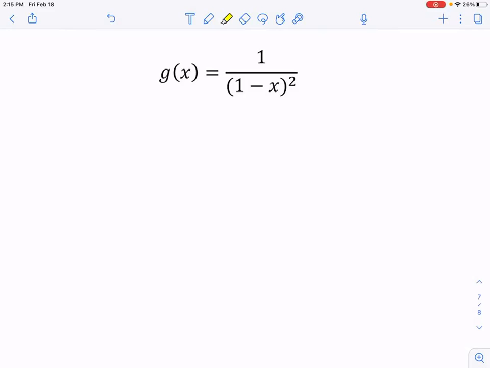What are we gonna do with this one? I see 1 over 1 minus x, the quantity squared, but there is no way for me to make that 1 over 1 minus x or a over 1 minus r.